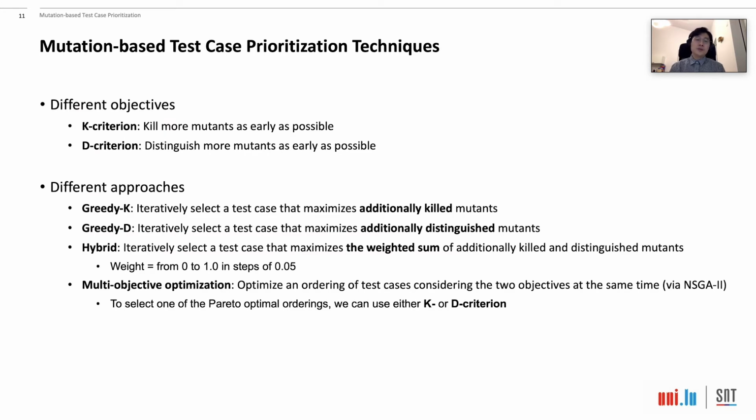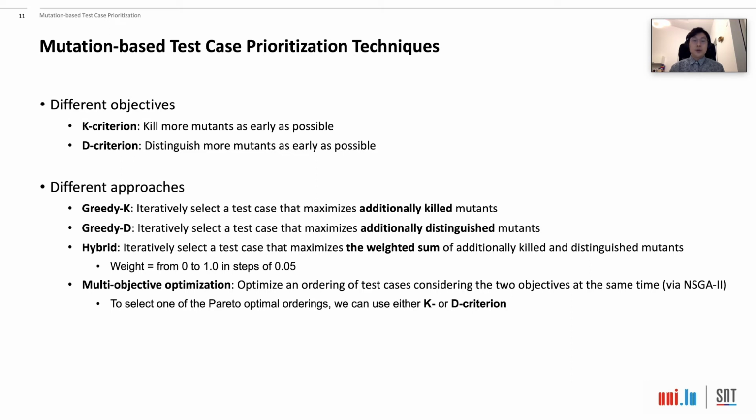When it comes to mutation-based test case prioritization, we can now consider two objectives. One is the traditional one, which is just counting the killed mutants and trying to kill more mutants as early as possible. On the other hand, we can also consider the D criterion, which tries to distinguish more mutants as early as possible.